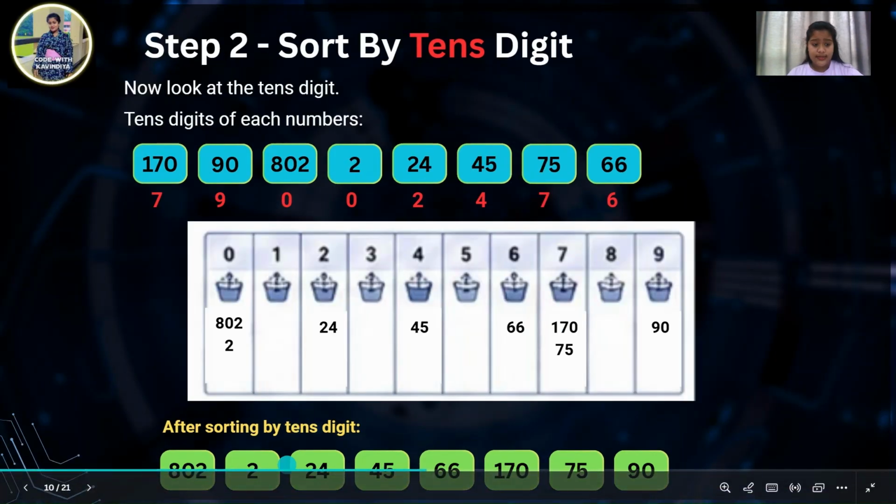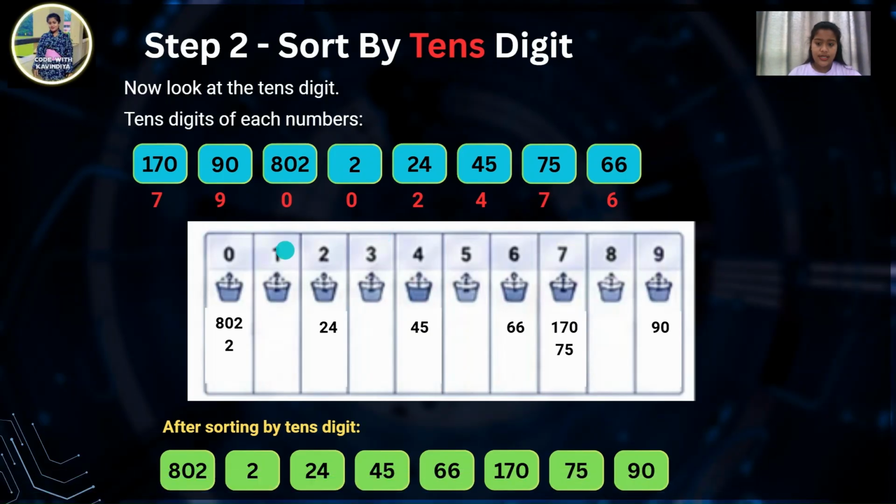Now look at the tens digit. Note that single digit numbers like 2 are treated as having 0 in the tens place. 802 and 2 have 0 in the tens place. So they go to bucket 0. 24 has 2 in the tens place. So bucket 2. 45 has 4.